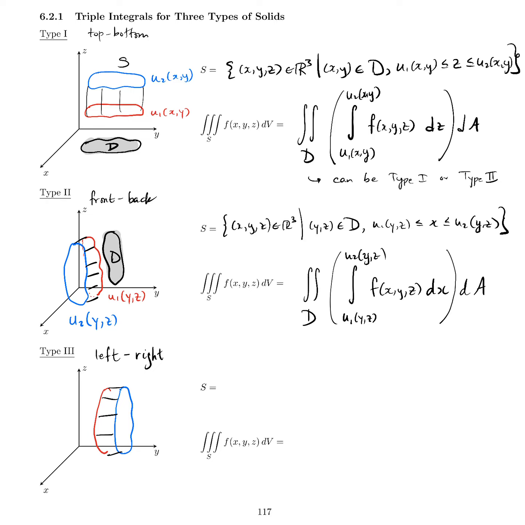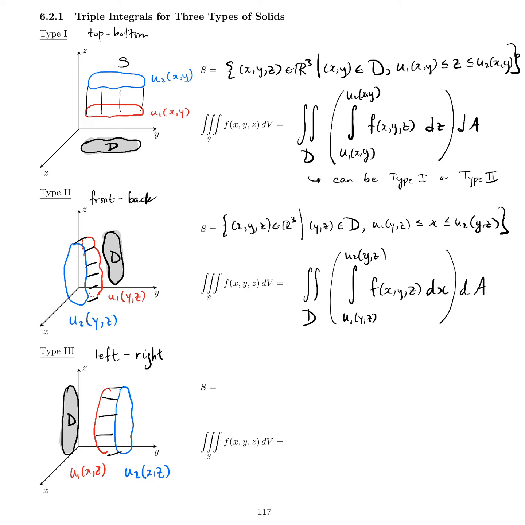So again, we're going to have a front function, we'll call it u2. Now the variables are x,z variables. And the left bound is going to be u1 of x,z. In a completely analogous way, we imagine the projection of this back now onto the xz plane, the shadow of that solid.